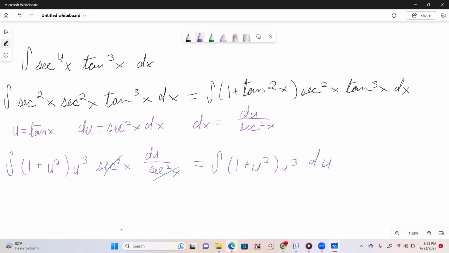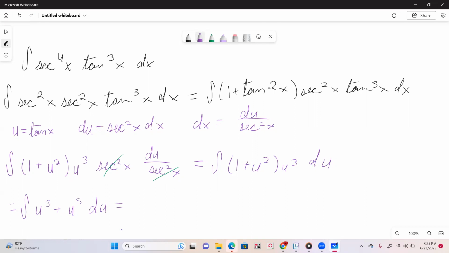So now what we're going to do next is multiply this u cubed on through. So this is going to be equal to the integral of u cubed plus u to the 5th du. So now we integrate.